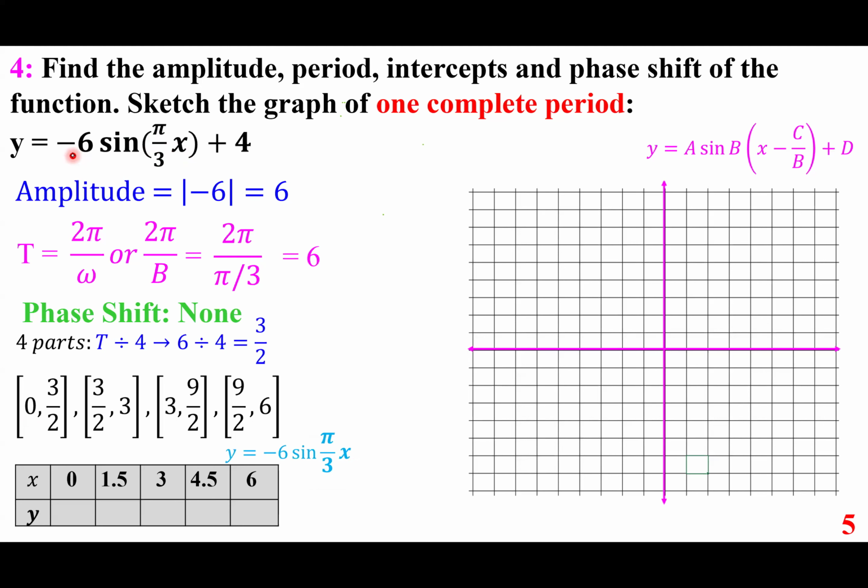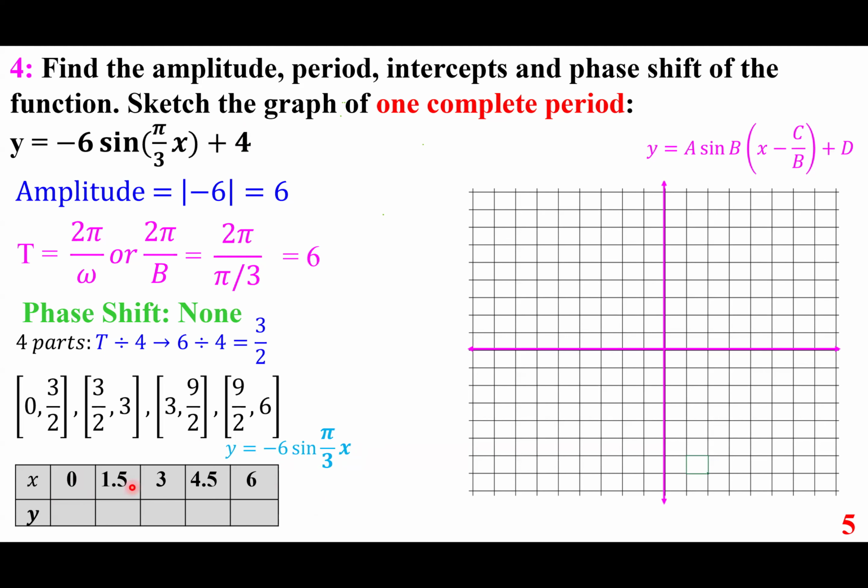If I look at this one, in other words, this is positive 4. That takes this one and shifts it up by 4 units, this is 0, this is 4, everybody. So for this one, I'm going to put 4. It's easier to deal with this one. Just put 4. Put 0 here.